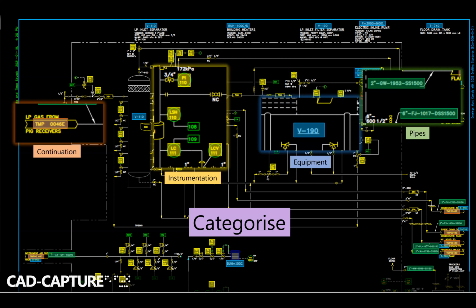We can differentiate between the different types of tag. So you can designate what type of tag you want to focus on, where the business value is. So you could just go for equipment, or you could go for all the examples that you've got here in terms of continuation tags, instrumentation, and piping as well. And you can start with one and then expand it as we go along.